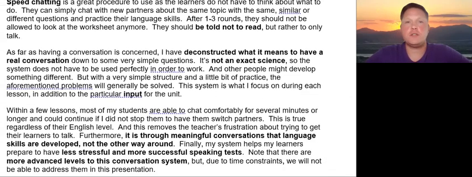And then the deconstruction process, which we'll look at on the worksheet briefly now and in more detail in the next video. It's not an exact science, but students need to have some direction as to how to have a conversation. So I've broken the basics of a decent conversation down into a few items which can be used to build conversation skills.